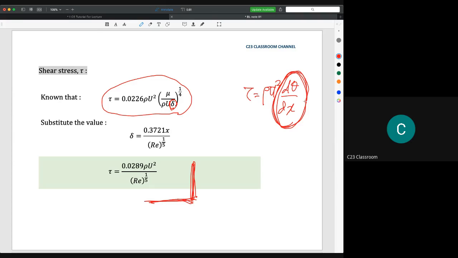The answer is the same if you solve the problem of d theta dx: you need to integrate both sides, and then finally you will get this value. But to ease your calculation, you are advised to use the shear stress from the Blasius solution.